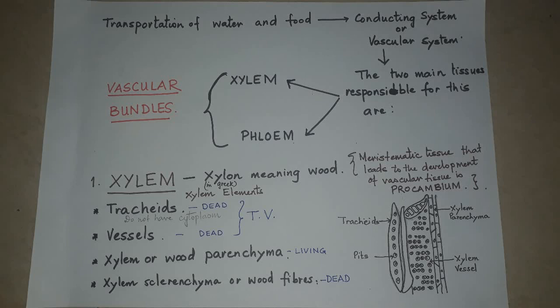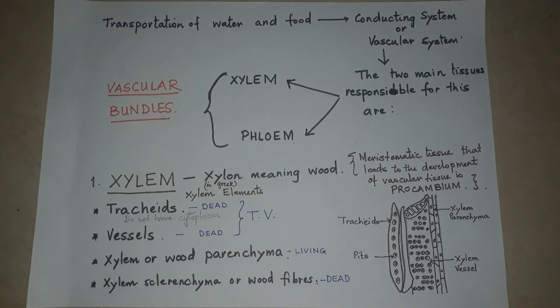The two main tissues responsible for this are number 1 xylem and number 2 phloem. These xylem and phloem together form the complex permanent tissue, and they are known as vascular bundle.